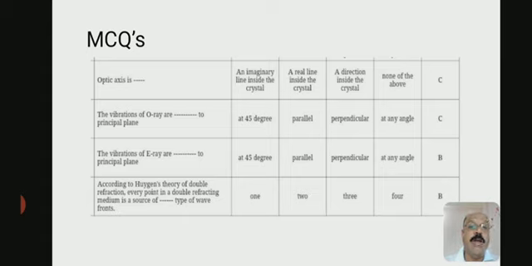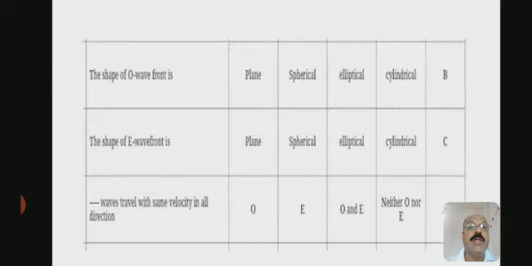According to Huygens' theory of double refraction, every point in a double refracting medium is a source of how many types of wavefront? That is 2. The shape of the ordinary wavefront is spherical. Then the shape of the extraordinary wavefront is elliptical.